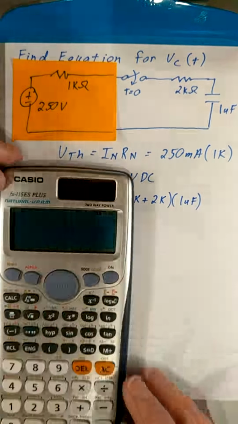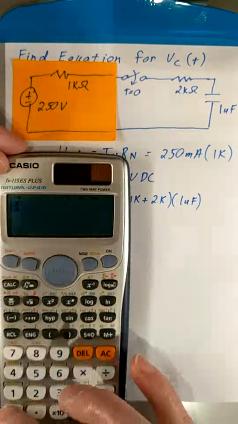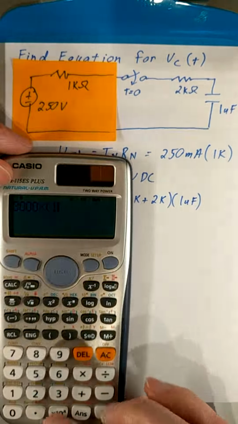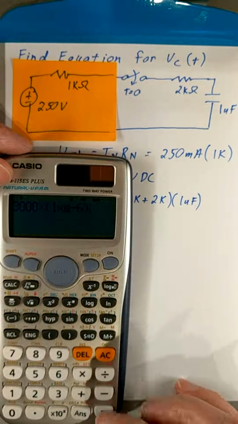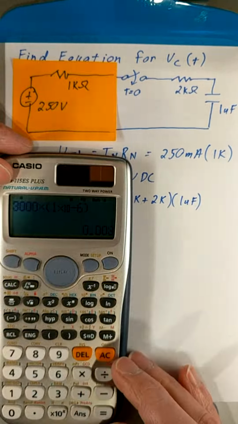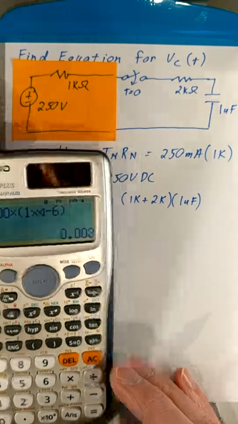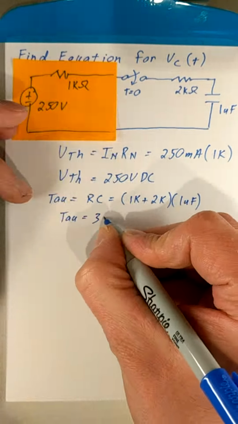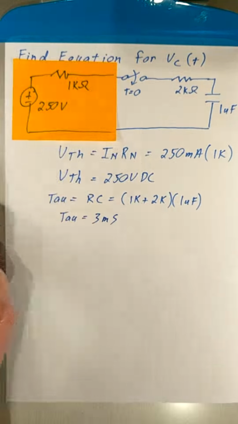If we go to our calculator, we can calculate that as 3,000 multiplied by 1 times 10 to the negative 6th power. And that is 3 milliseconds. So tau is equal to 3 milliseconds.